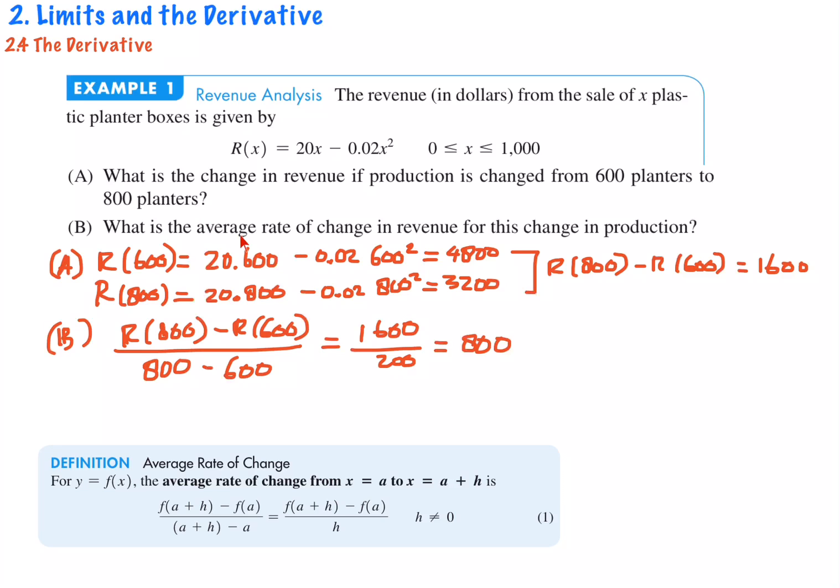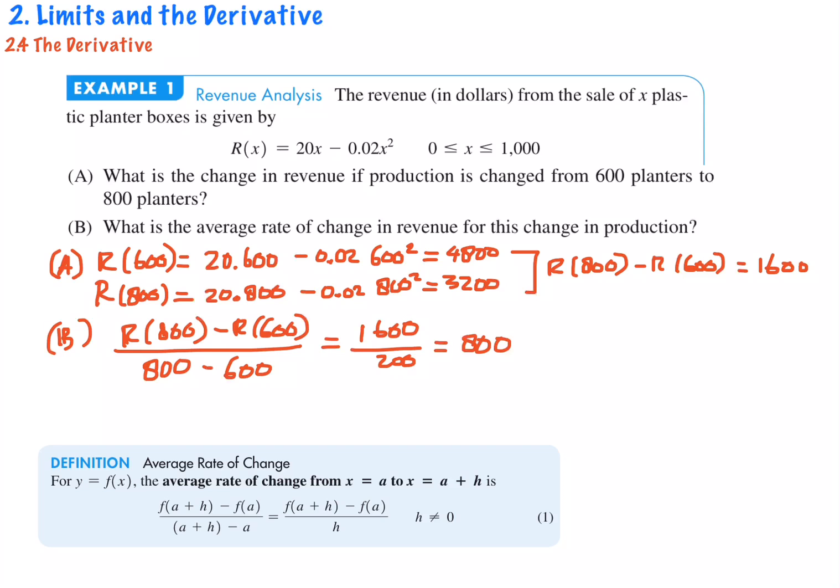So this is the average rate of change in revenue. Again, the average rate of change is the difference in the numerator and in the denominator, and we can call this a difference quotient.